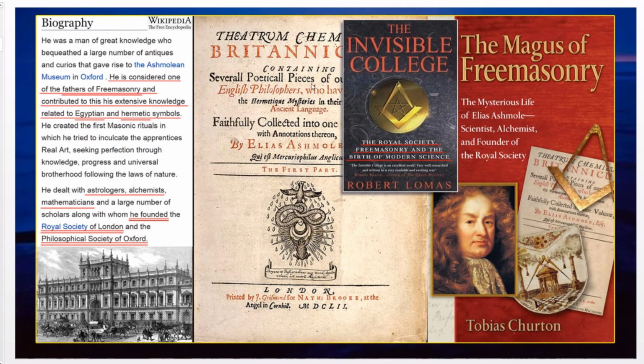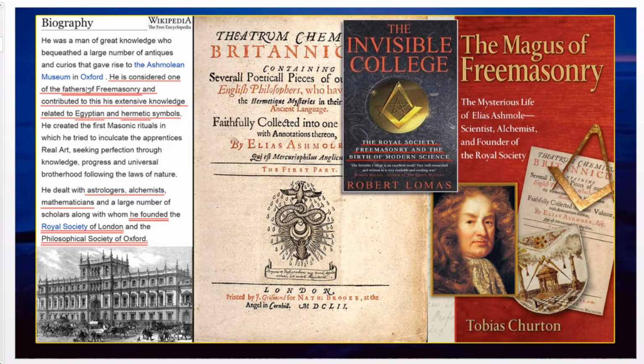That is why there are a lot of books out there about the invisible college, the modern birth of science and cultural institutions, which was made by the Royal Society. When you start looking into the Royal Society, you come across who was the father of Freemasonry and the Royal Society. And one of those names is the guy called Elias Ashmole.